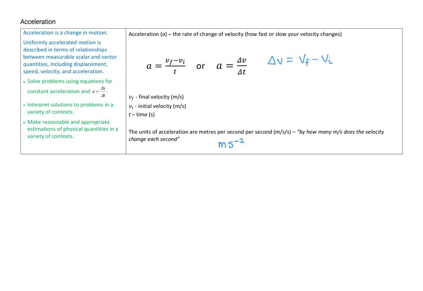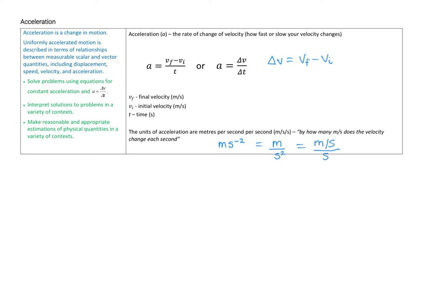Because basically you've got seconds on the bottom twice. So that's the same as metres over seconds squared, which is basically the same as metres per second per second. So yeah, lots of different ways that you can look at those units.